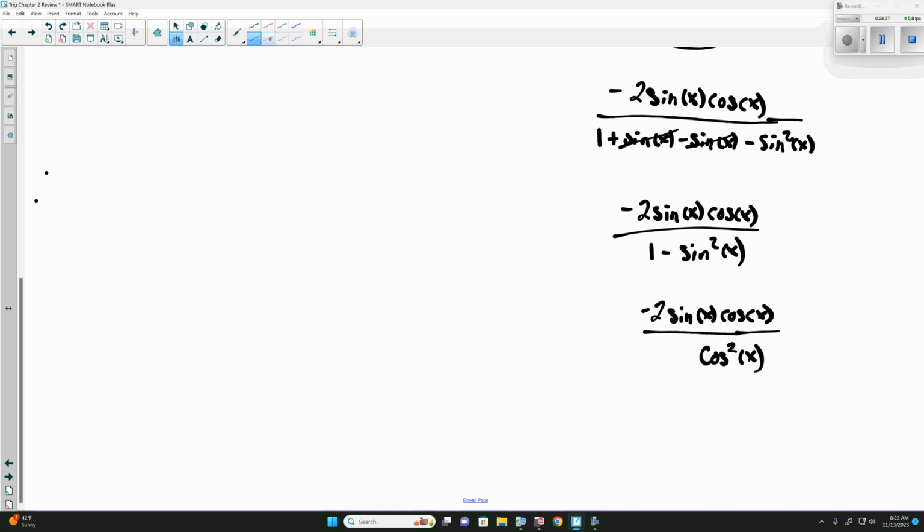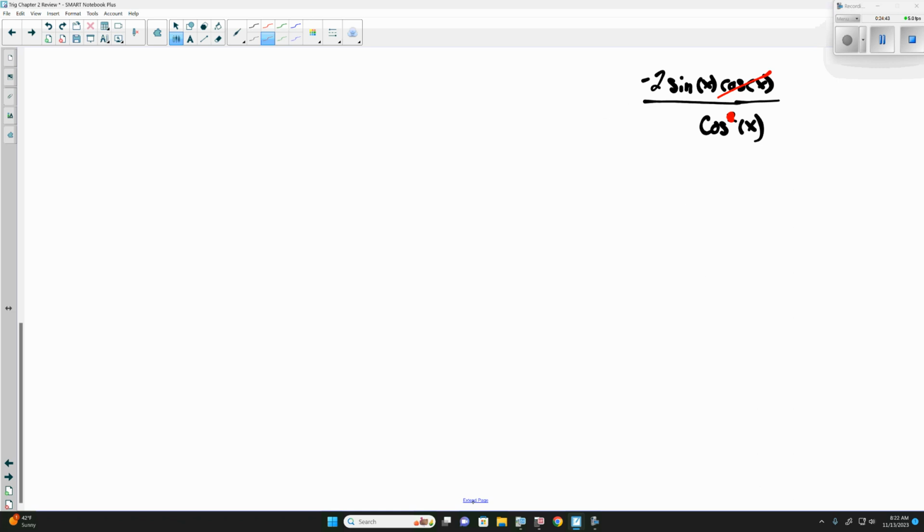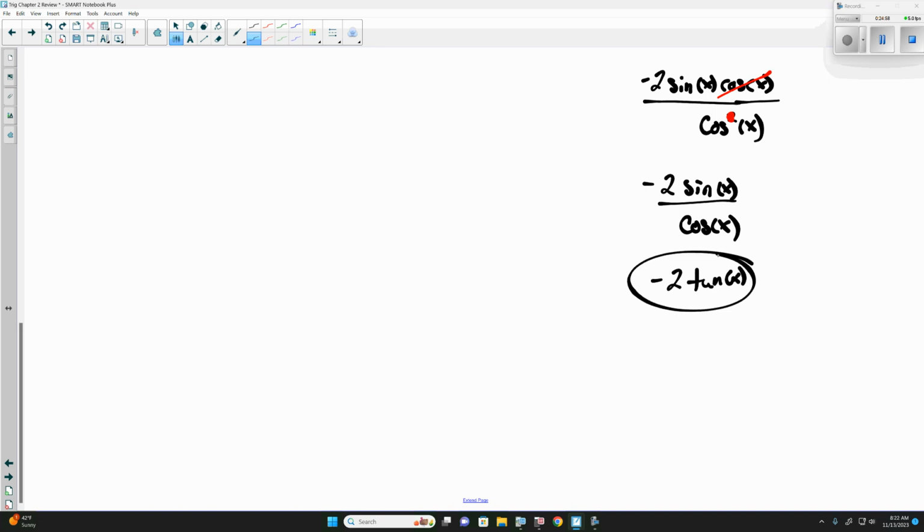Here, the cosine of x on top will simplify with one of the ones on bottom, telling us that we have negative 2 sine of x over cosine of x. Well, sine over cosine is tangent.